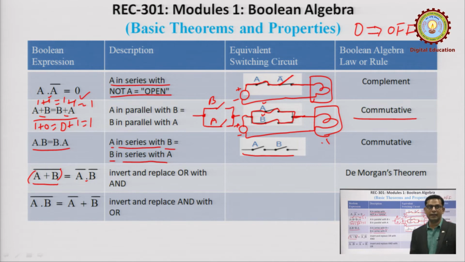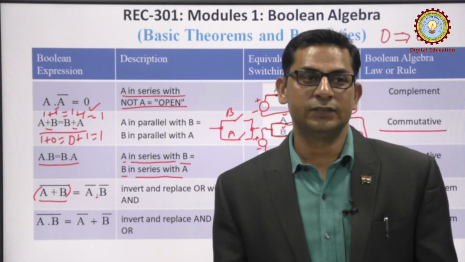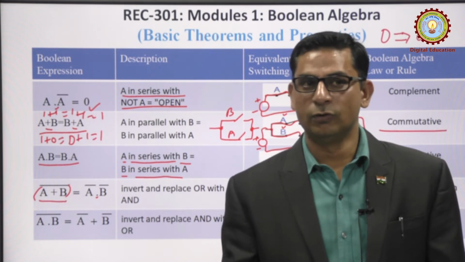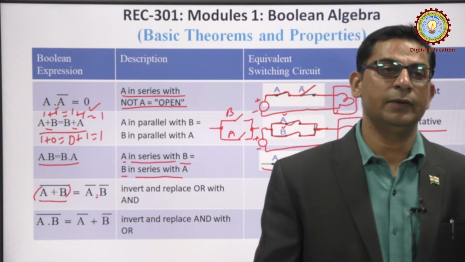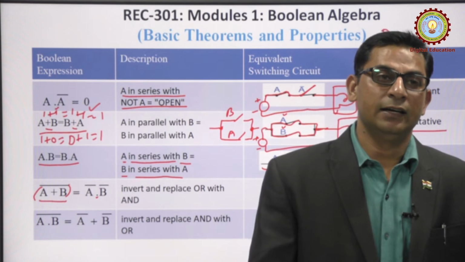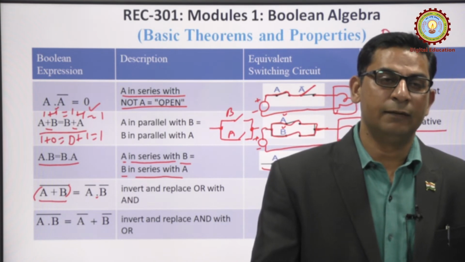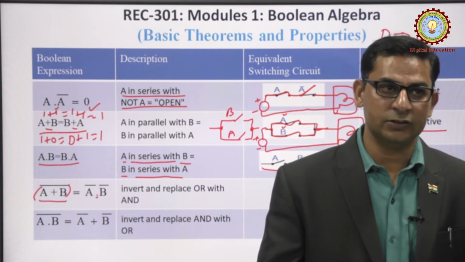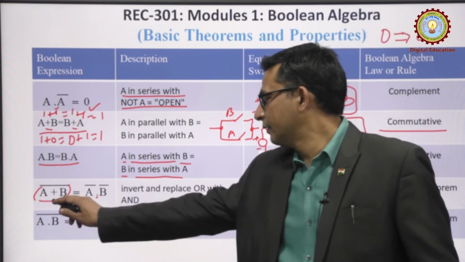We have two switches A and B, and there is a whole bar. It means that both the switches A and B are connected in parallel, because this is a positive sign.